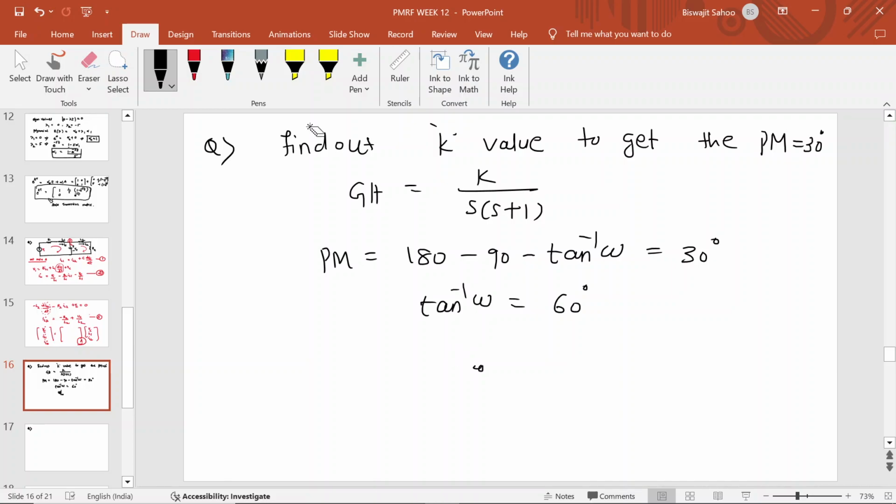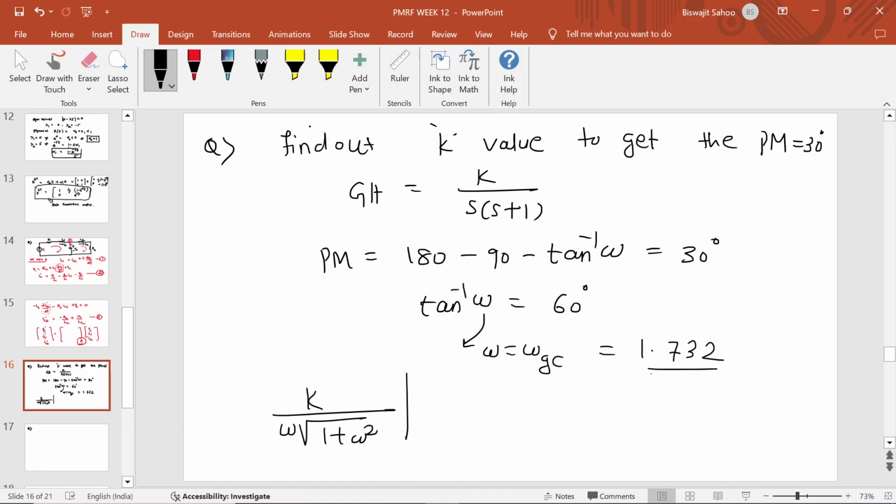This omega is your omega GC, the gain crossover frequency, and its value is 1.732, which is root 3. Now find the magnitude, k divided by omega into root of 1 plus omega square. Put that value here and equate it to 1 to satisfy the magnitude condition.